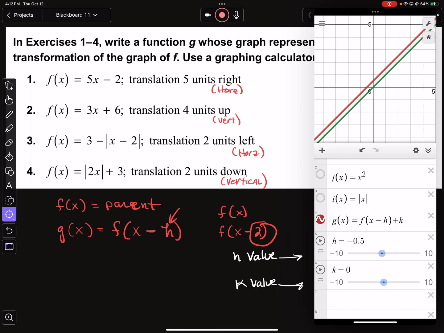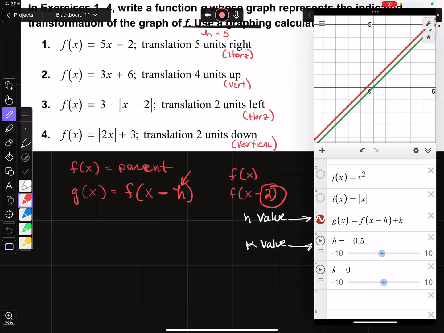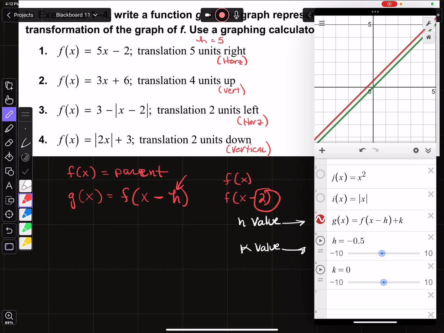Okay, so when I think of this going right 5 units, I say, hey, that's right 5, that's an h value of 5. Now my notation I have to write is the following. I write g of x is f of x, and I'm going 5, so my h is 5, just like that. This is where some of us fall down, though.